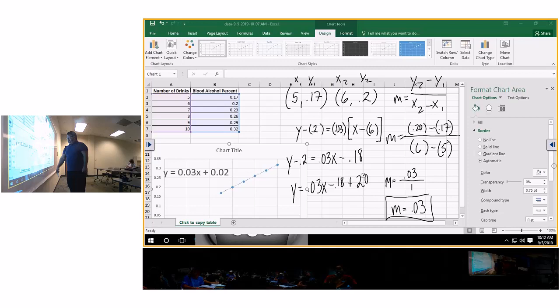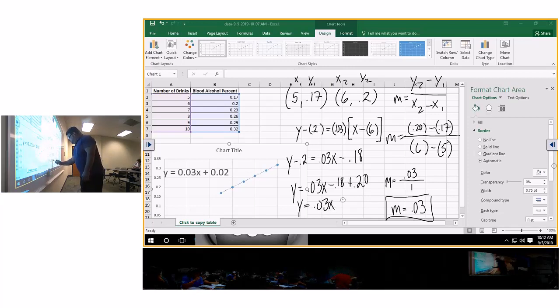So what if you owe 18 cents, you got 20 cents, what's the answer? 2 cents. y equals 0.03x plus 0.02.